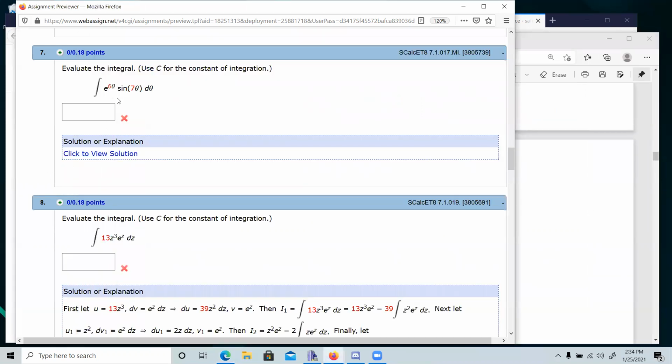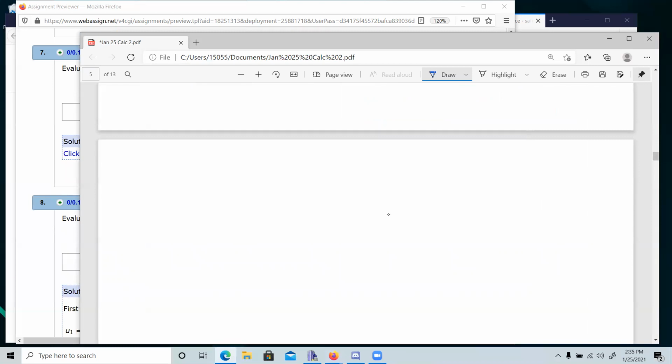All right. So we have the integral of e to the 6th theta sine 7 theta d theta. Okay, so here's the thing. When I pick my u and I go to pick my dv, well, this doesn't change, right?